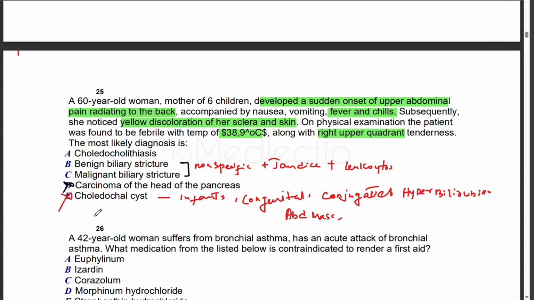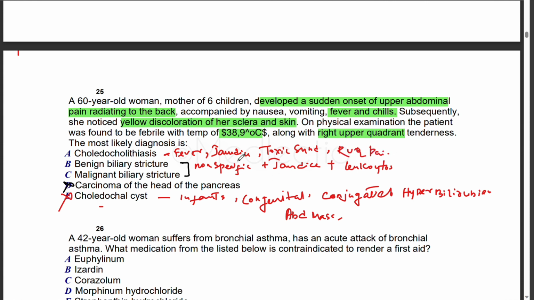So benign biliary stricture and choledocholithiasis. In choledocholithiasis, what symptoms can we get? We can get fever, then jaundice, toxic syndrome, then right upper quadrant pain.